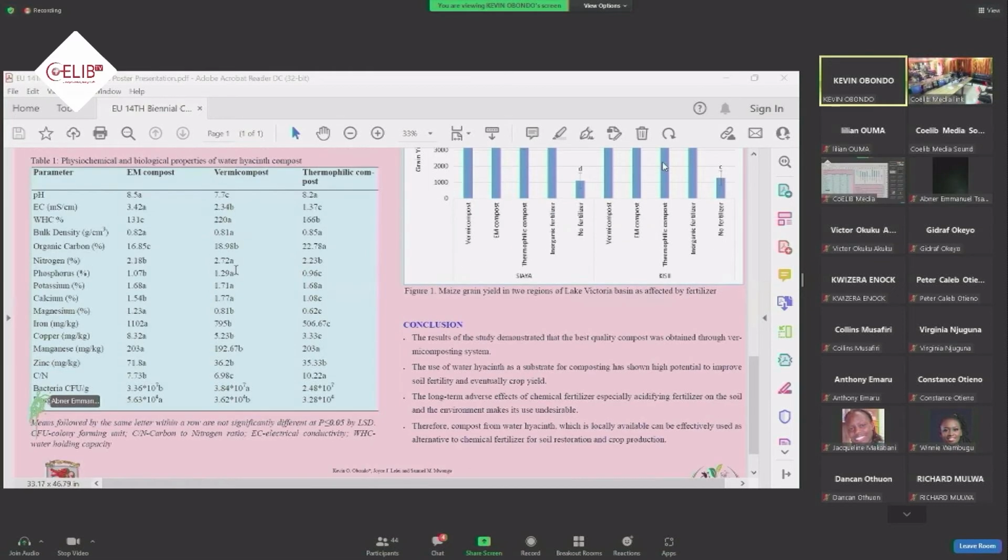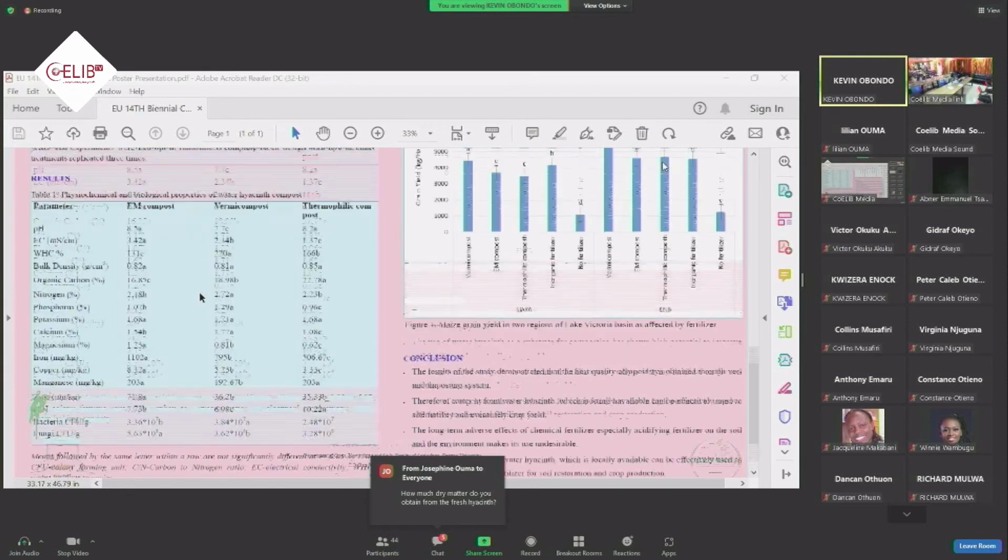We also realized that this water hyacinth has a very high concentration of essential plant nutrients. Of the 3 primary macronutrients, led by nitrogen, we have phosphorus, and also potassium, being very high in vermicompost compared to these other composting systems.